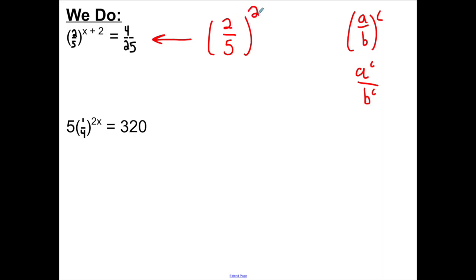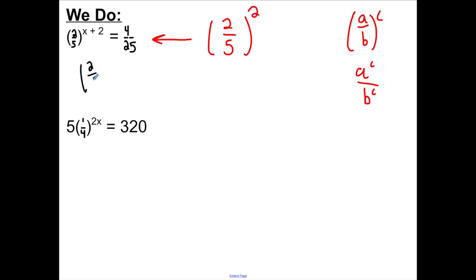So I look at the 4 and say, okay, this needs to be 2, so I get 2 squared equals 4. And then I notice, oh look, 5 squared is also 25, so everything works out.